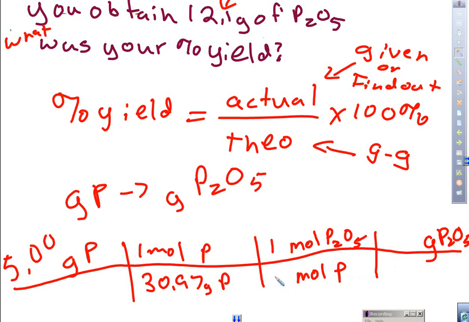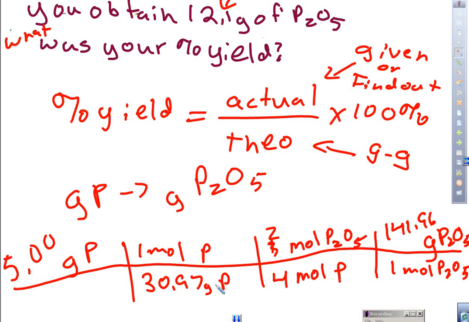It should be 2. Okay, so you put 1 mole P2O5 over here, and then what do we put right here? The molar mass. What's the molar mass of P2O5? 141.96. Very good.